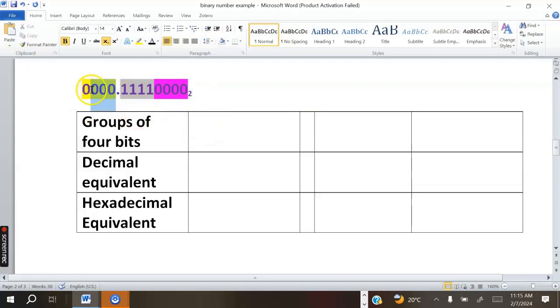Okay, having that done, the next step is to write down the numbers. Then here we have the point.